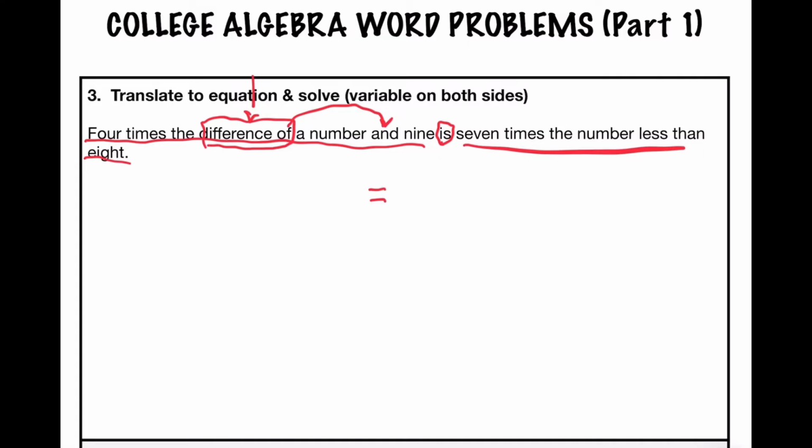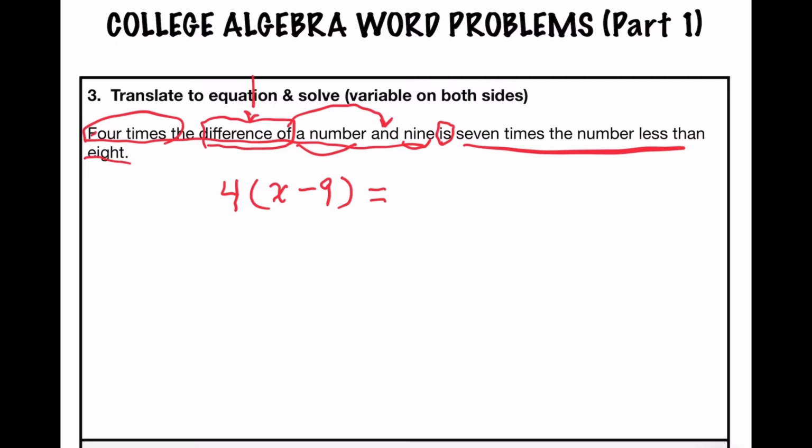I'm going to subtract a number and 9. So I'm going to open up my set of parentheses, and I'm going to subtract a number, which is just a variable, and 9. In the front of that, I have 4 times that difference. So I'm going to have to multiply the entire difference by 4. That completes the left side expression in the equation.